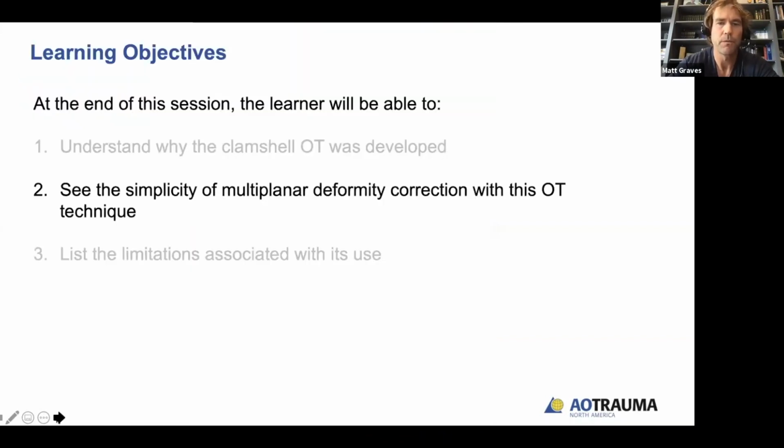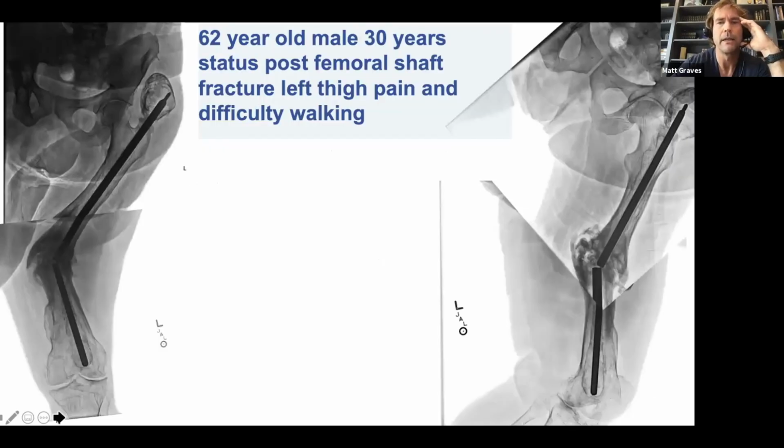He wanted the most simplistic solutions possible, understanding that there was no trauma fellowship, and the most senior person on the service was a PG4 resident. So that's why the clamshell was developed, because he was dealing with complex problems with very limited resources, and he needed simplicity. So let's talk a little bit about the simplicity of the clamshell by going through a case.